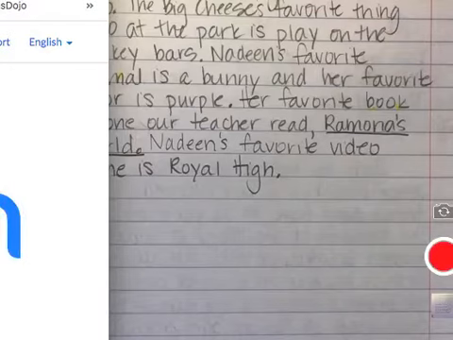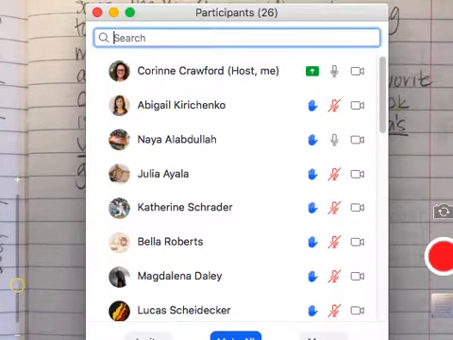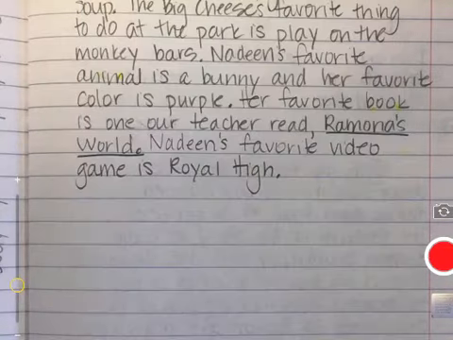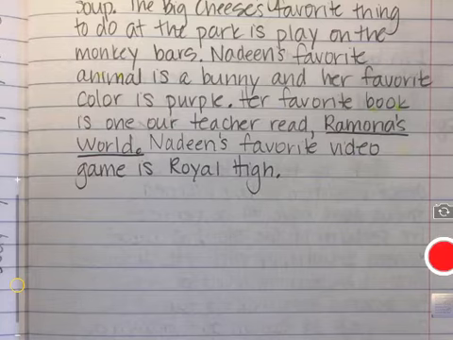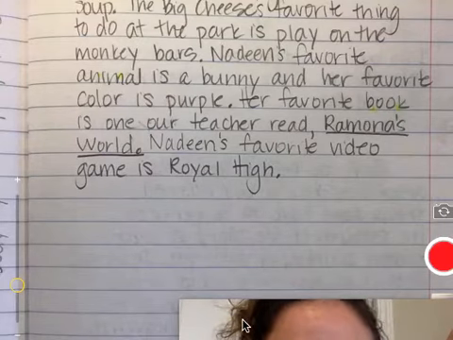Can I have a volunteer to share your first paragraph or first sentence of our conclusion paragraph? Oh my gosh, look at the hands go up. Let's see. How about, oh, I know theirs was good. How about Lucas? What you got, Lucas? We had fun writing about Nadine's adjectives, verbs, and nouns.